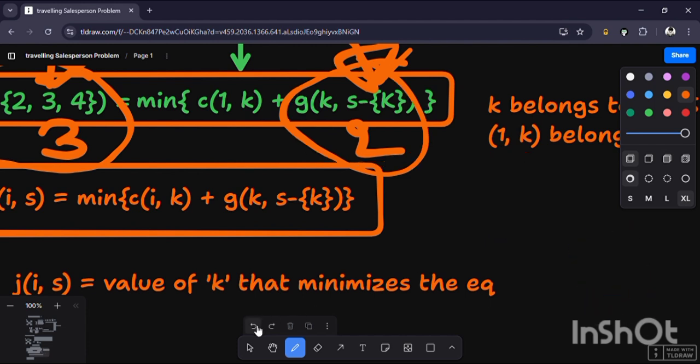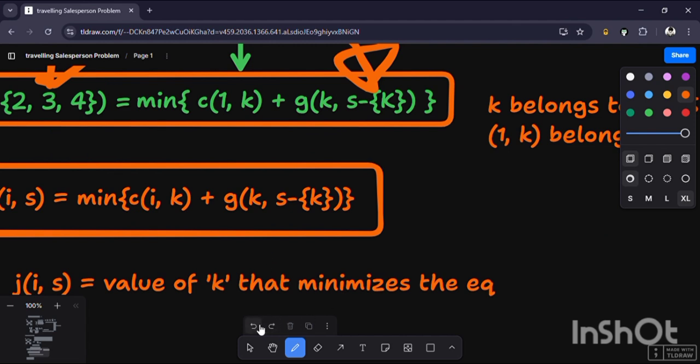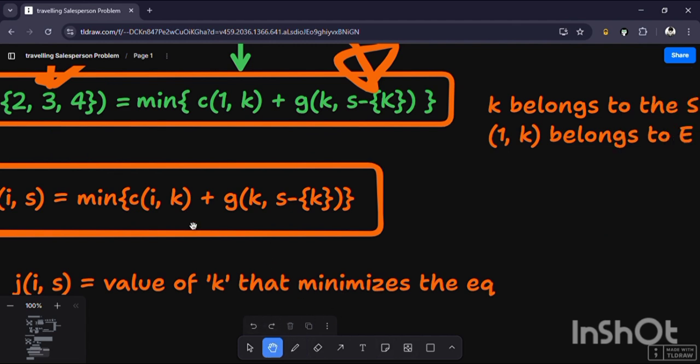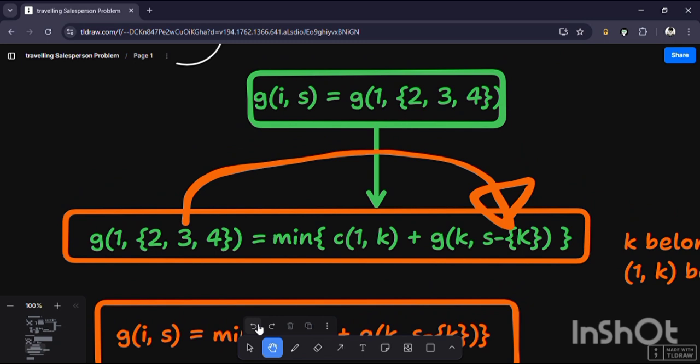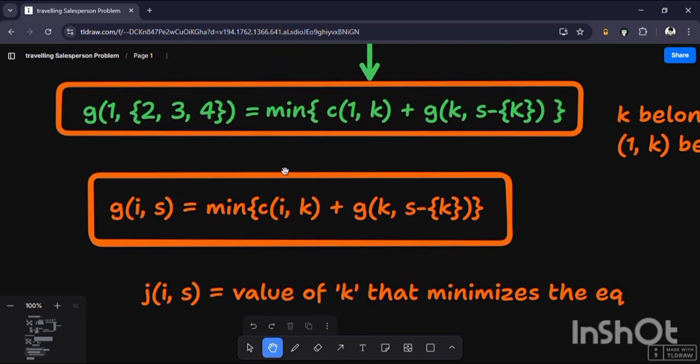So in order to find our answer, what do I have to do? In order to find the answer, this is for mod S equal to 3 and this is mod S equal to 2, so I have to find mod S equal to 1 and mod S equal to 0, right?